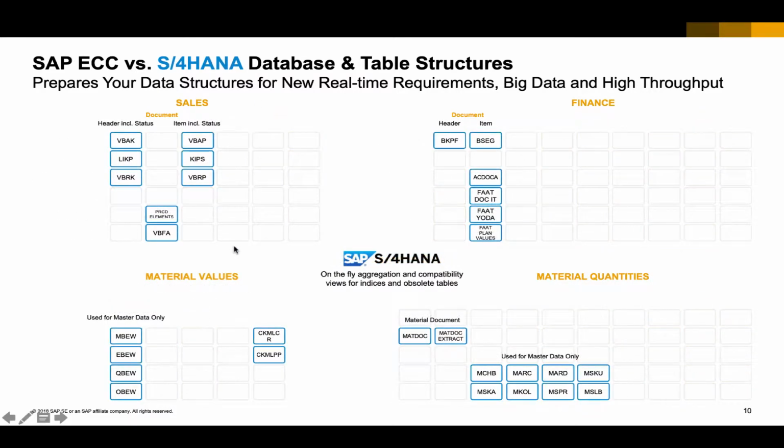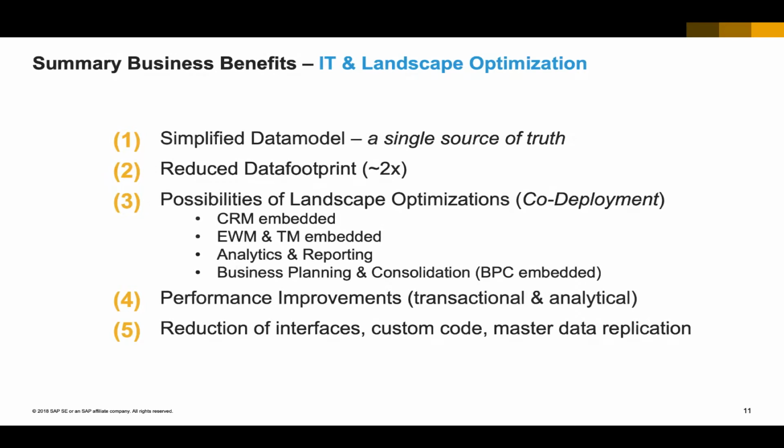And in SAP S/4HANA, you end up with a single and simple data structure. So only one ACDOCA for financial documents. We have only one MATDOC for the material documents. In sales, we end up with 7 items, 6 tables, and some master data tables. And giving you a very flexible structure.